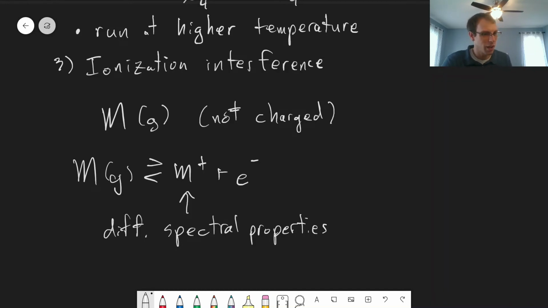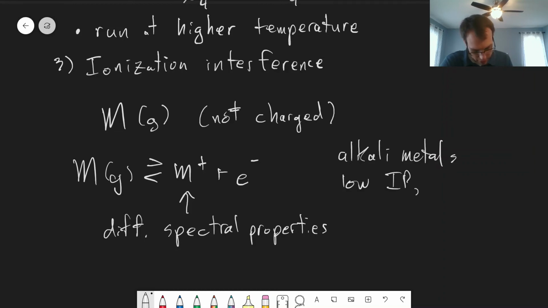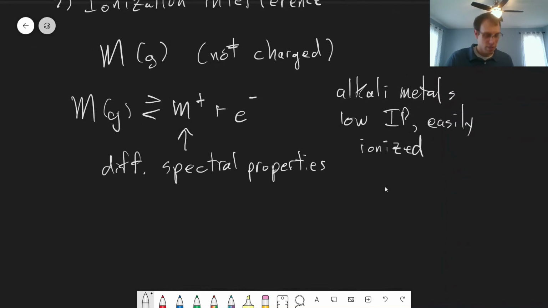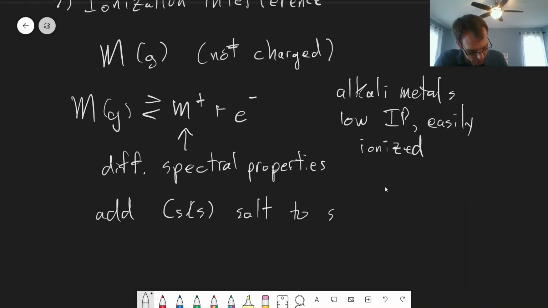So in particular, things like alkali metals have very low ionization potentials, which means that this is much easier to happen. Easily ionized. And we ideally don't want the ionization to happen. We want to suppress this and get rid of this. And so in things like this, we could add a cesium salt to suppress ionization.